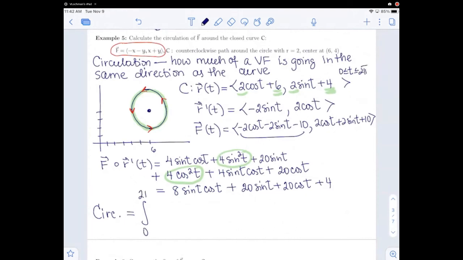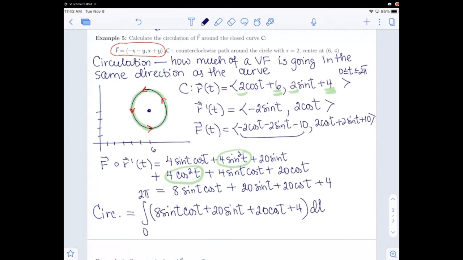The dot product we've computed already: 8 sine t cosine t plus 20 sine t plus 20 cosine t plus 4. This is very straightforward integration. There are no tricks here. Everything is straightforward. You can do the u substitution for the first part, or you can just see that it's a power rule.